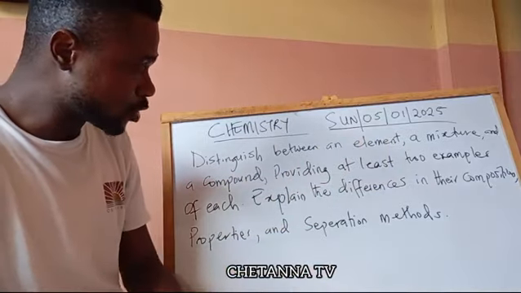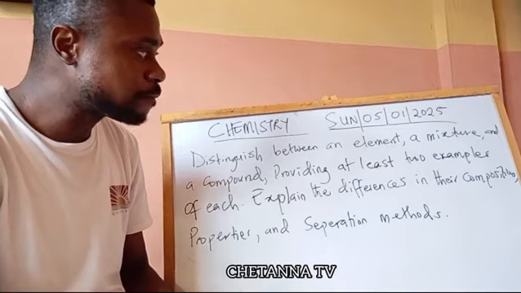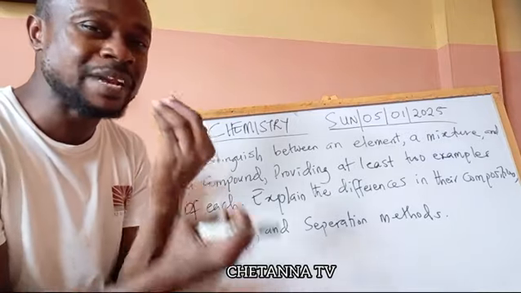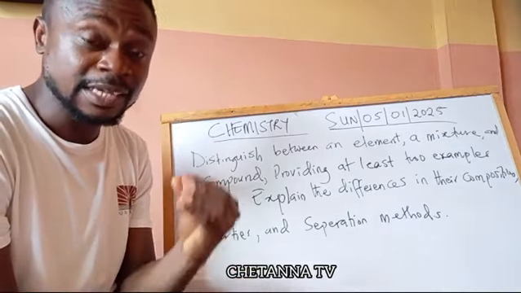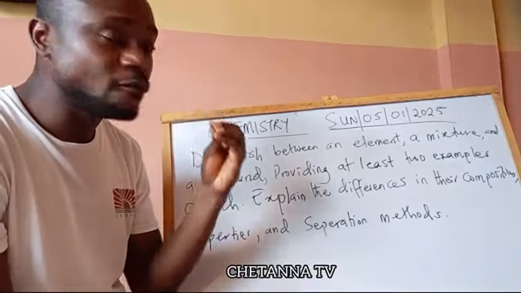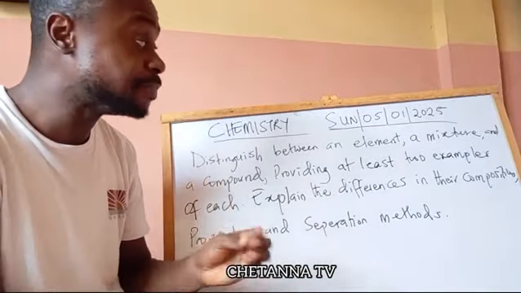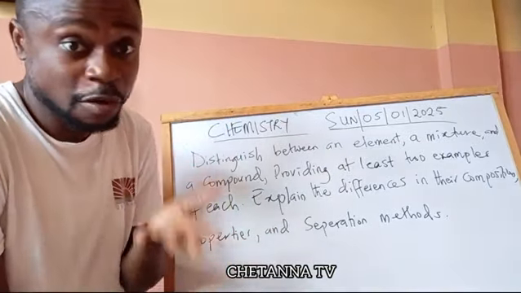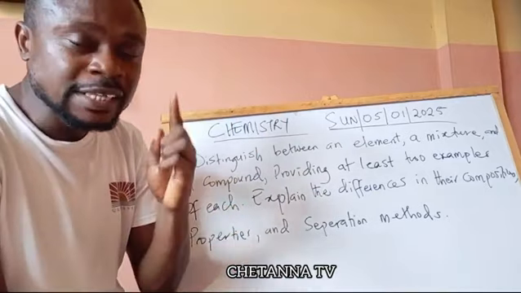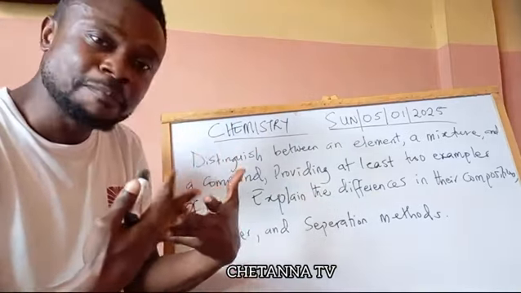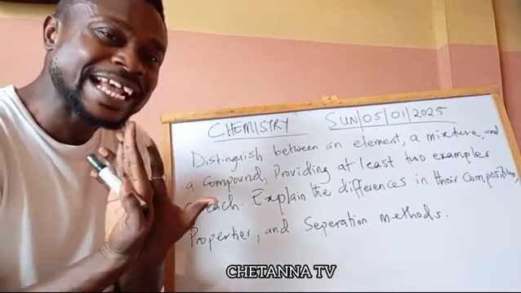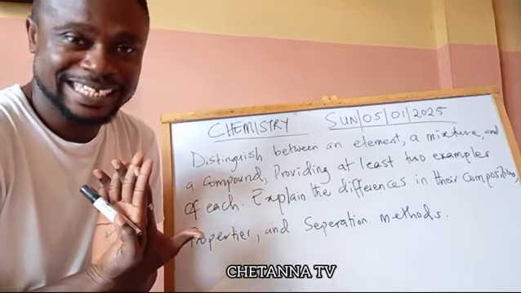Then what of a mixture? A mixture is a physical blend of two or more substances. A substance can be an element, it can be a compound. But one thing in that blend is that they are not chemically bonded.